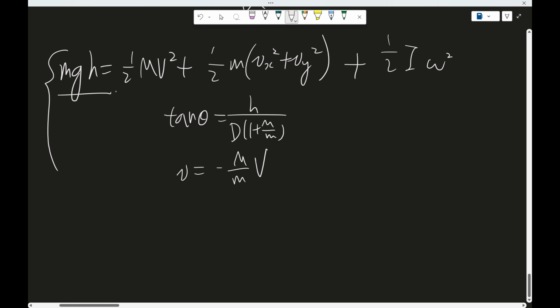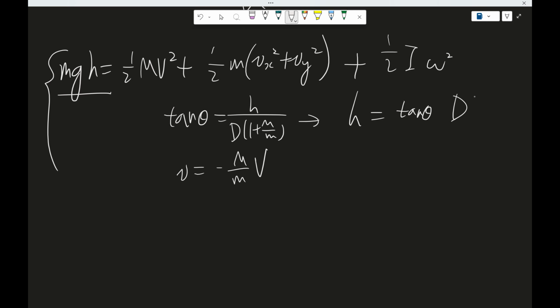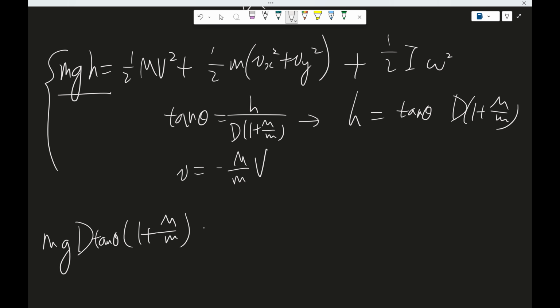So first look at the left side. From this equation we get that h equals tangent theta times big D times 1 plus m over M. So we have mg D tangent theta times 1 plus m over M equals half M V squared. So there's nothing to be done here.